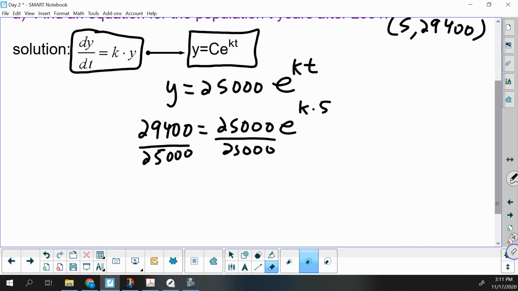Now that can reduce some. We can divide by 100. And if we kept dividing, that would give us 147 over 125.